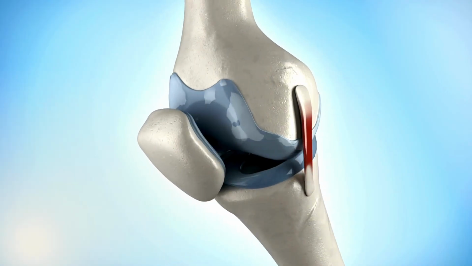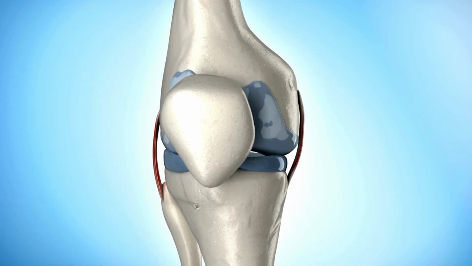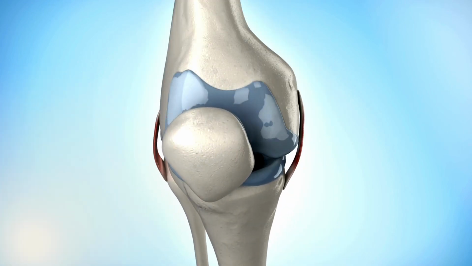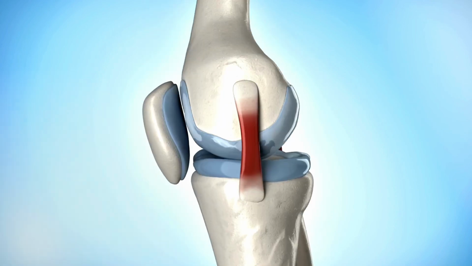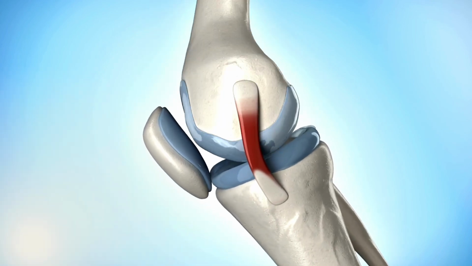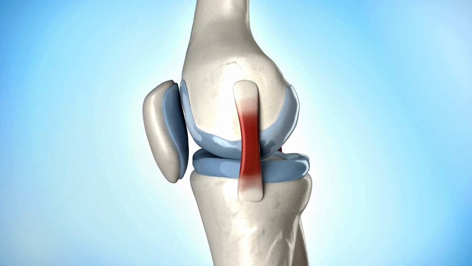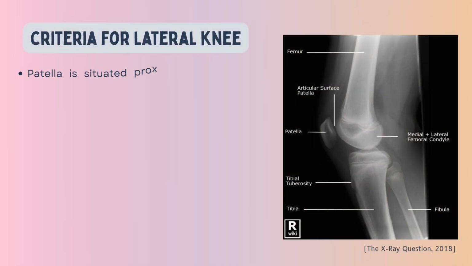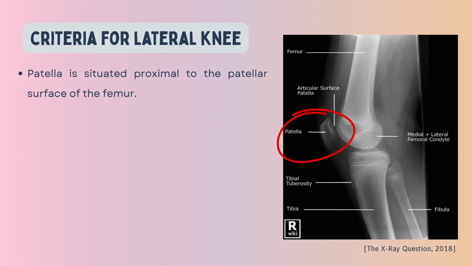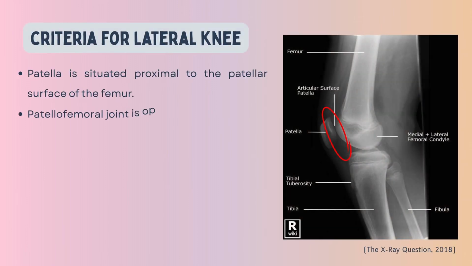Now, let us take a closer look at the anatomical structure of the knee. So, firstly we have the patella, which is located proximal to the patellar surface of the femur. Then, we have the patellofemoral joint. This joint should be seen open to ensure the medial and lateral epicondyles are superimposed with each other.